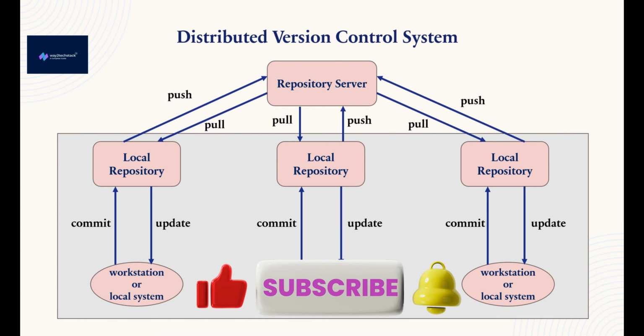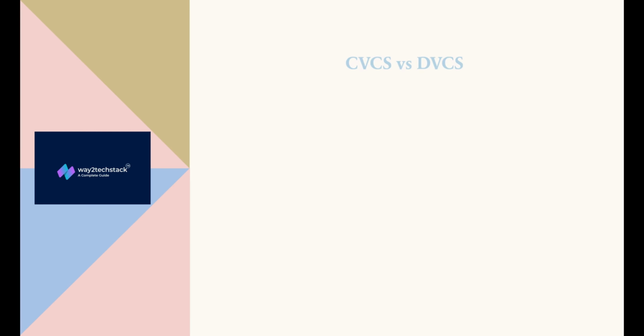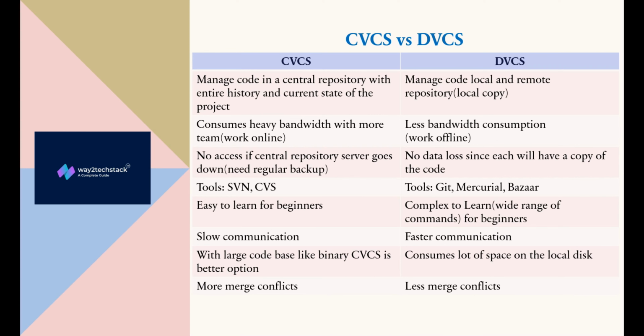Now let us conclude and see what the major differences are between distributed version control system and centralized version control system. I have written them in tabular form. Let us see the points one by one. First of all, CVCS manages code in a centralized server where the entire history and the current state of the project is stored. What does it mean?